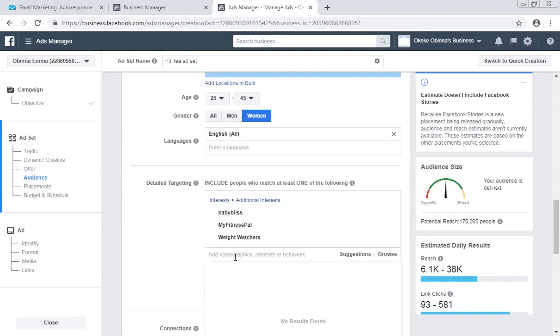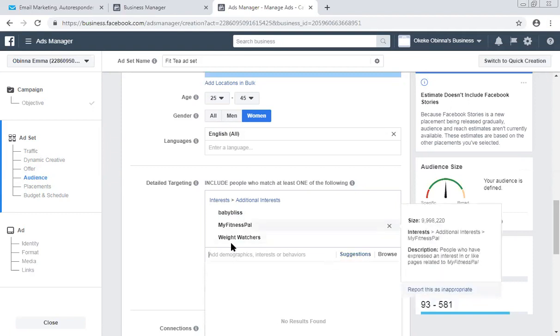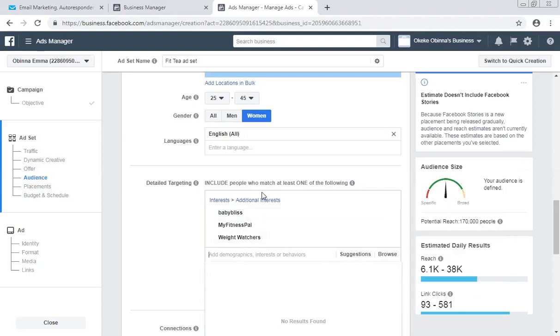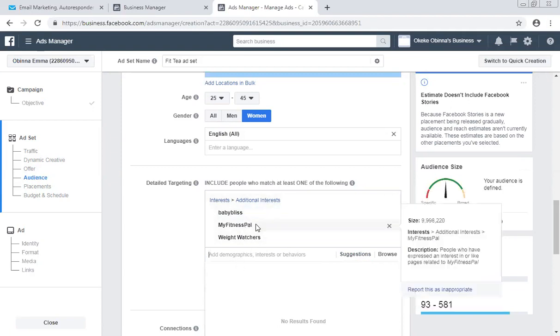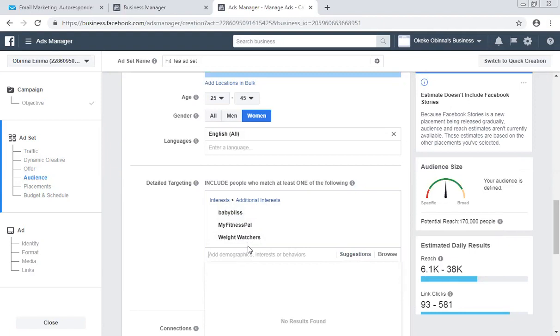Another thing I do, in as much as I've done my research and put in the brands, the pages, and the websites, I also make use of this button, suggestions. As you keep filling in the interests you want Facebook to target, Facebook will pick up the actual thing you are looking for. They will know, okay, this person is selling this. So these are other likely pages, brands, websites, or even celebrities you should be targeting.